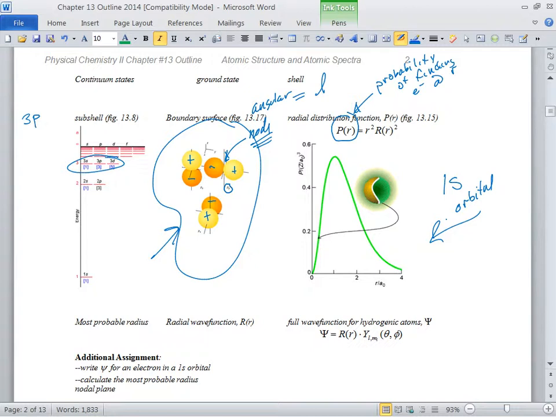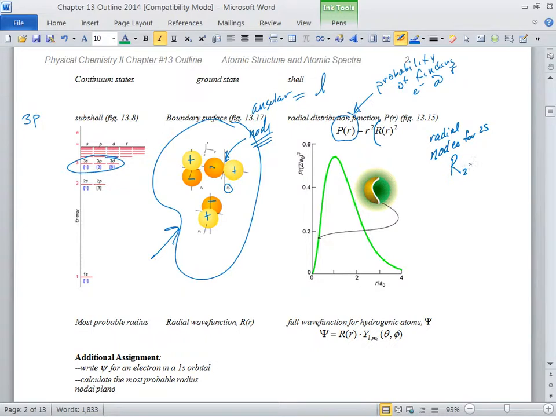I think we need to talk about a few things here. If you want to find radial nodes, because the homework is going to ask about a few things, what you do is you set this r function equal to 0. Let's be specific, radial nodes for 2s.